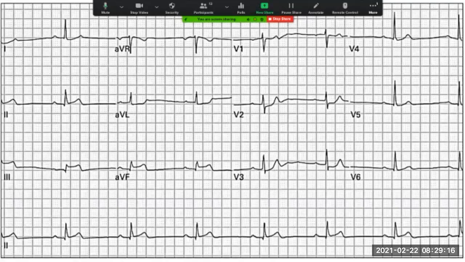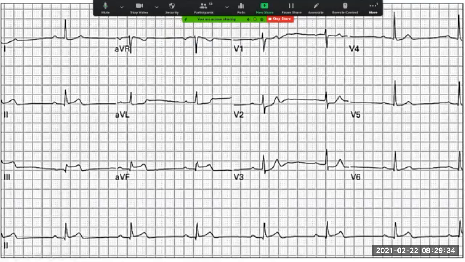The one other little tidbit I just want to give you guys. Do you see the ST elevation in lead 3? Let's count it. It's 1, 2, 3 mini blocks. And then we've got this little half a block ST elevation in lead 2.